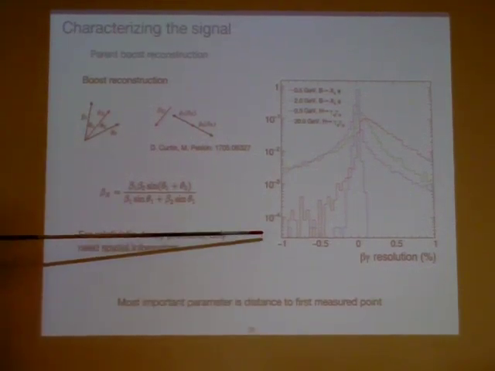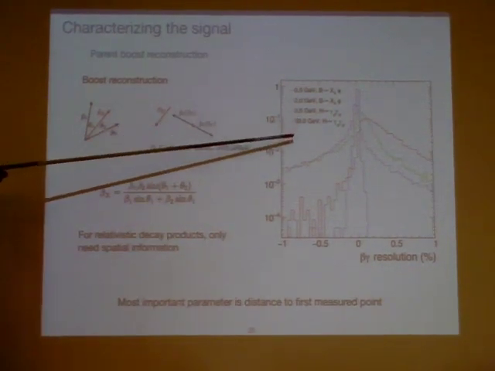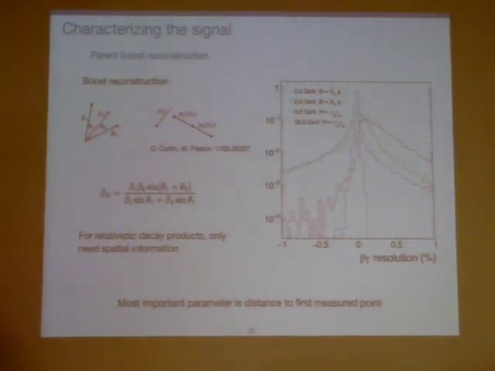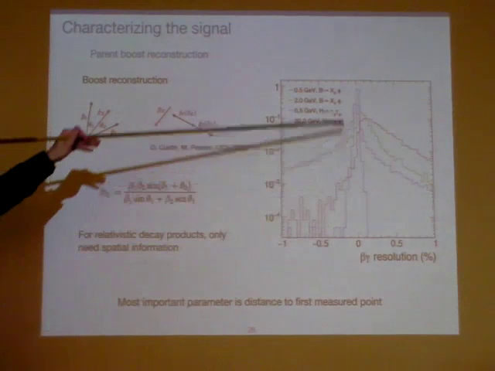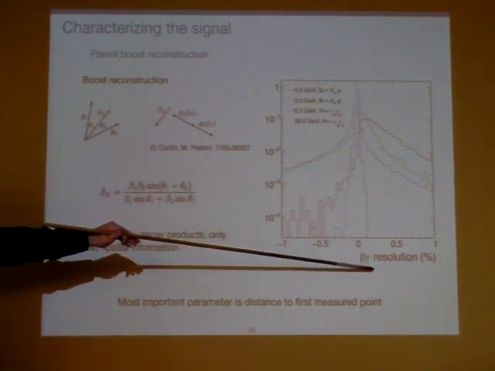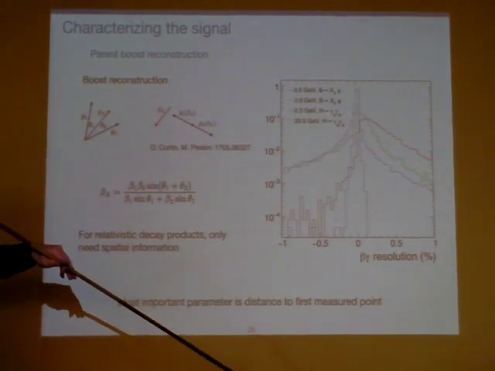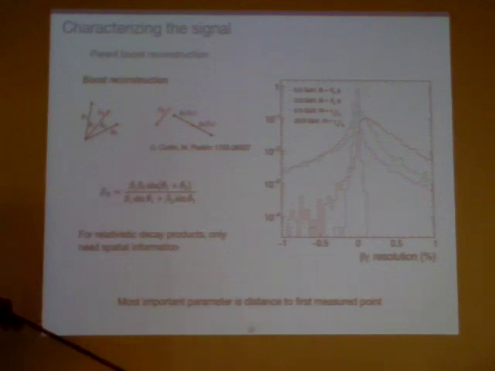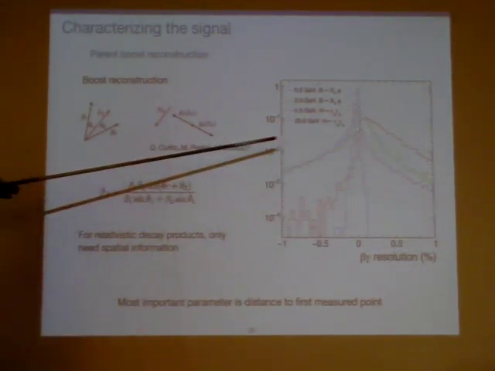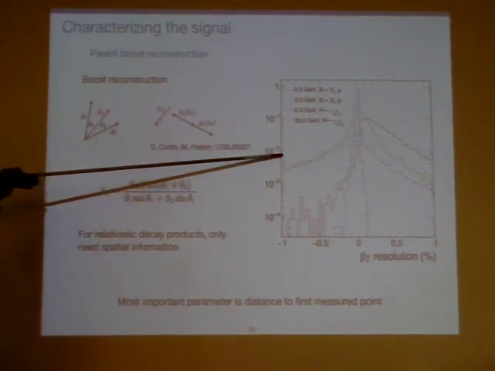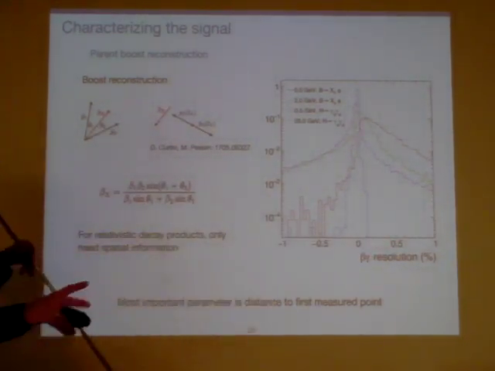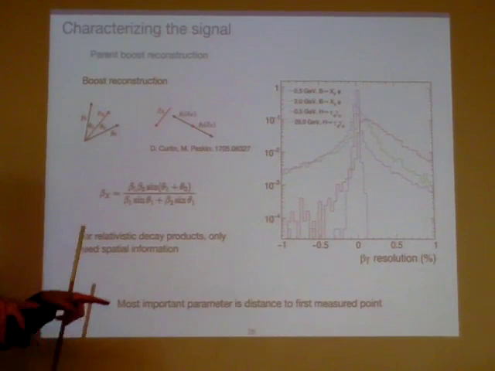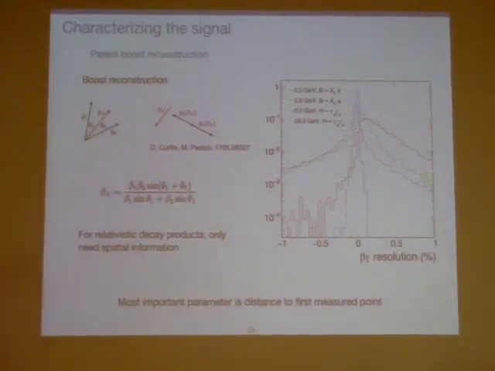This is what you're seeing over here for these different benchmarks with the tracking layout that we assumed, which is some preliminary estimates. You see the resolution on the beta gamma parameter of the mother particle that we can get. For all of these benchmarks, the two that I discussed for different mass points, this is always on the order of a percent level resolution that you can get just from how well you can track these things.